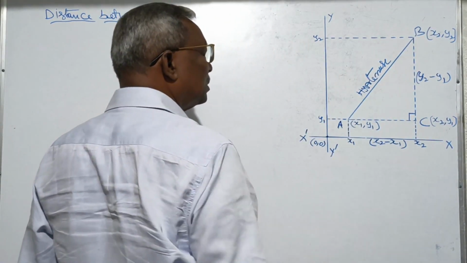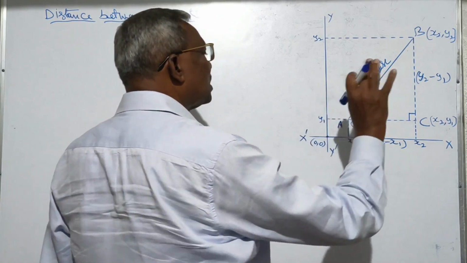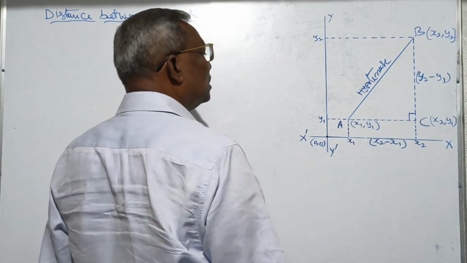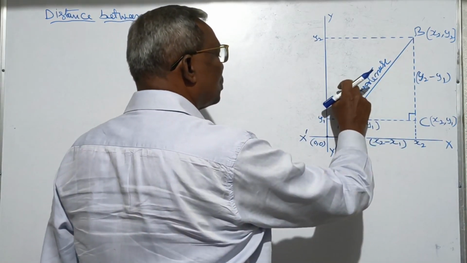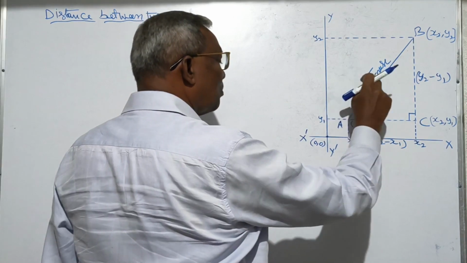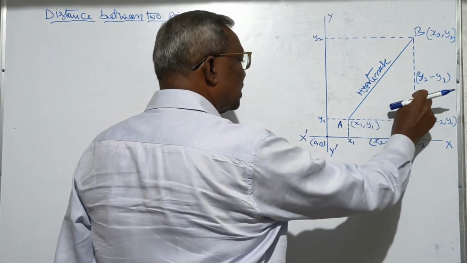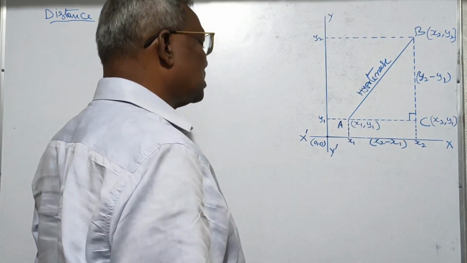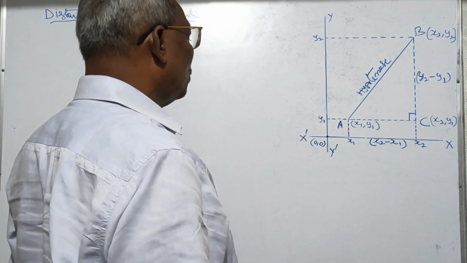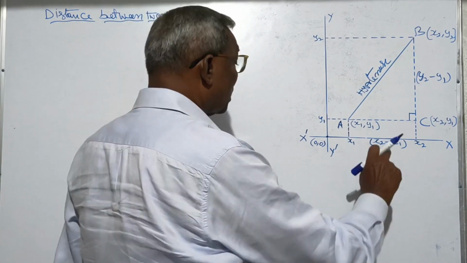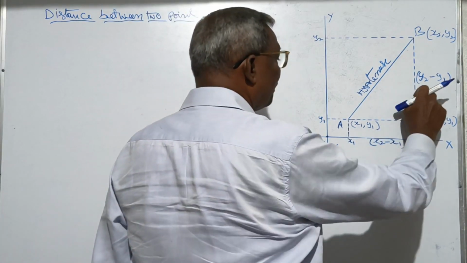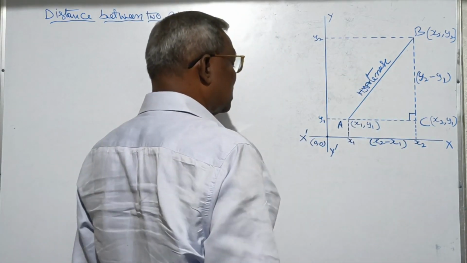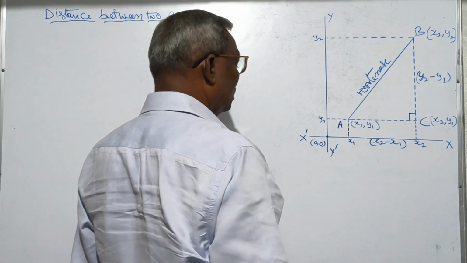As per the Pythagoras theorem, what does it say? Square of the hypotenuse is equal to the sum of the squares of the other two sides. So we must know the other two sides also. How to know?